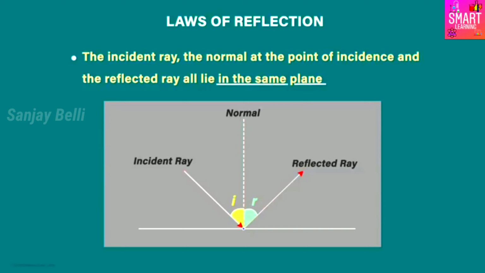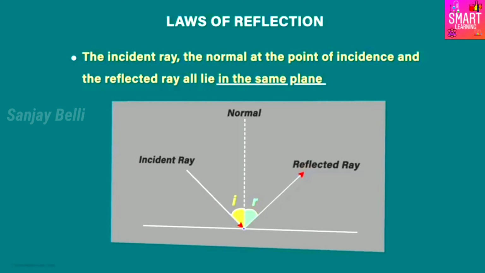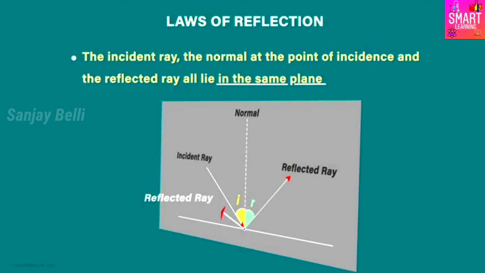For example, if the reflected ray is in this direction instead of this, then the diagram will look like this. The incident ray and the normal are in the plane of the paper, whereas the reflected ray is not in this plane.